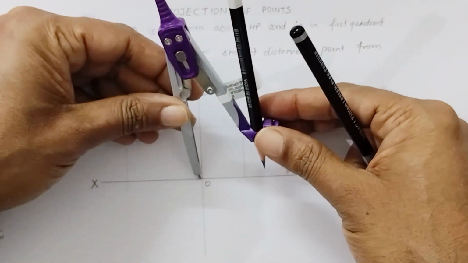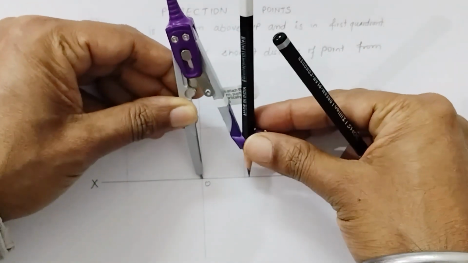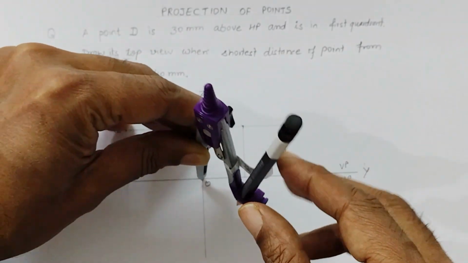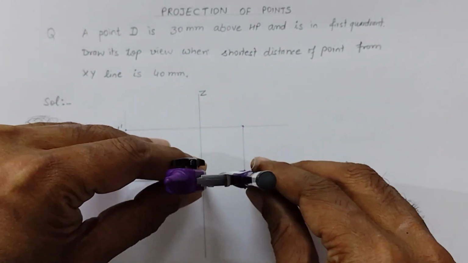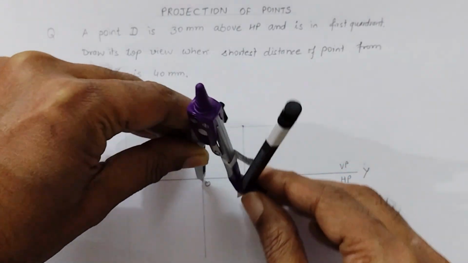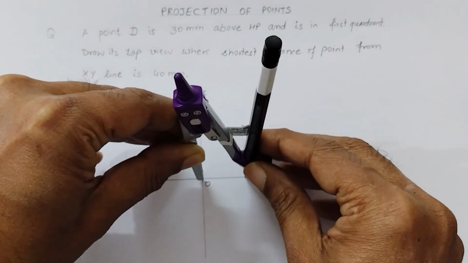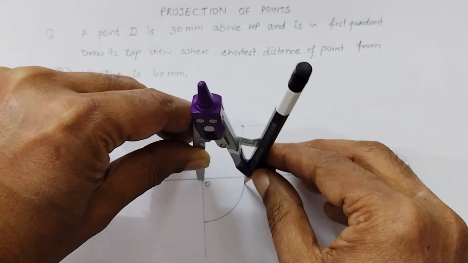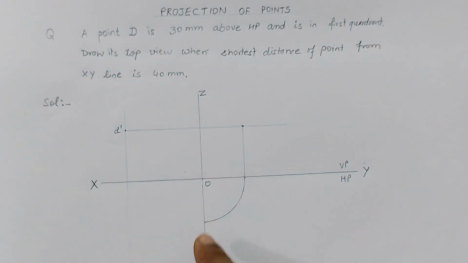And now we have to transfer this distance on this perpendicular, that is the axis, so that we can find out the top view in the horizontal plane.